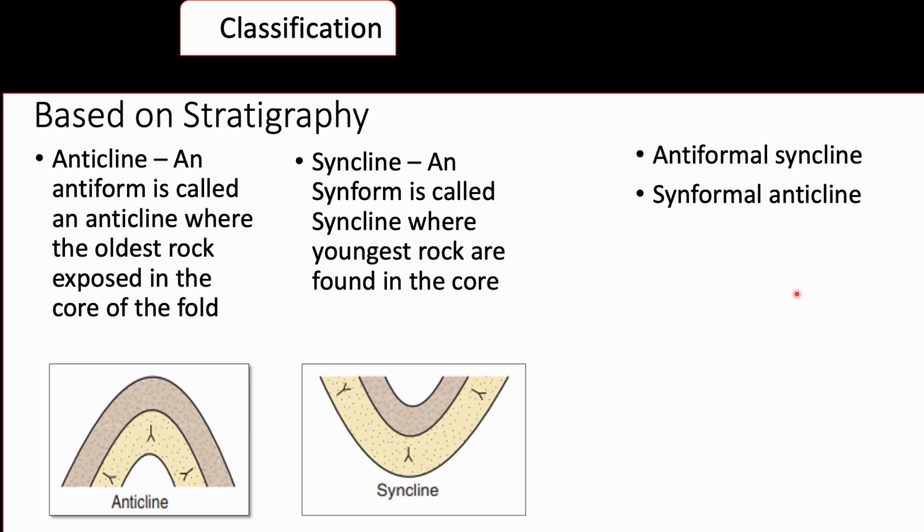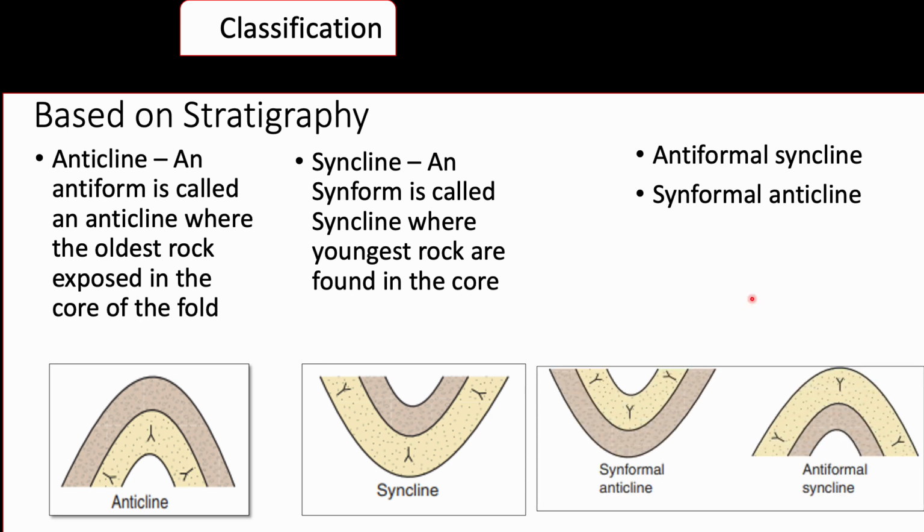And we have two different forms: antiformal syncline and synformal anticline. If we have an antiform shape and the younger strata in the core, then it's known as an antiformal syncline. And if we have a synform shape and the older rock in the core, then this is known as a synformal anticline.